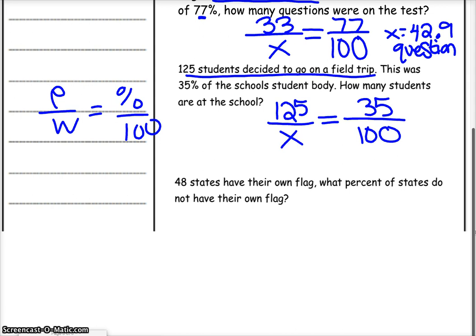I'm looking for the whole student population. So x equals 125 times 100 divided by 35 is 357.1 kids. Whatever. Again, it's the process, not the logical answer.